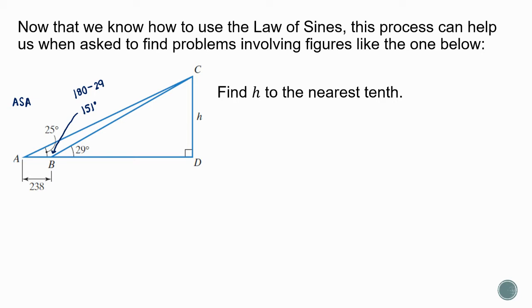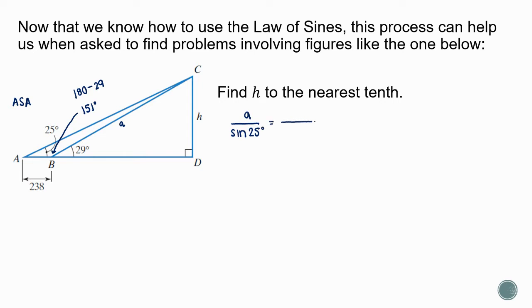So we can figure out technically any piece of that oblique triangle. I'm going to say let's find this side a, which is across from angle A, because that is also a part of the right triangle CDB, and that's going to help us get closer to finding H. Okay, so if I want to find a, notice that we can take that a and put it over the sine of angle A, which is 25 degrees.